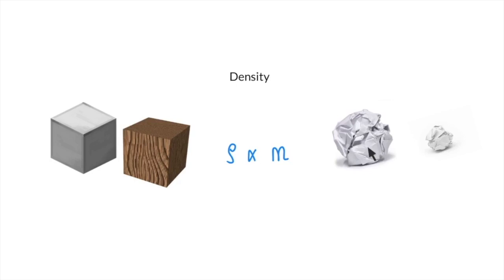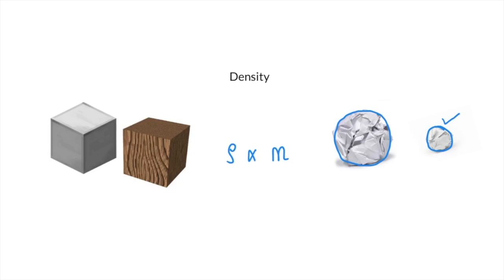from this example you can see both papers are the same, but this paper is covering more volume and this paper has covered very less volume. Though these both paper balls are made up of paper of the same size, same mass, but as I squeezed this more, it becomes more dense.